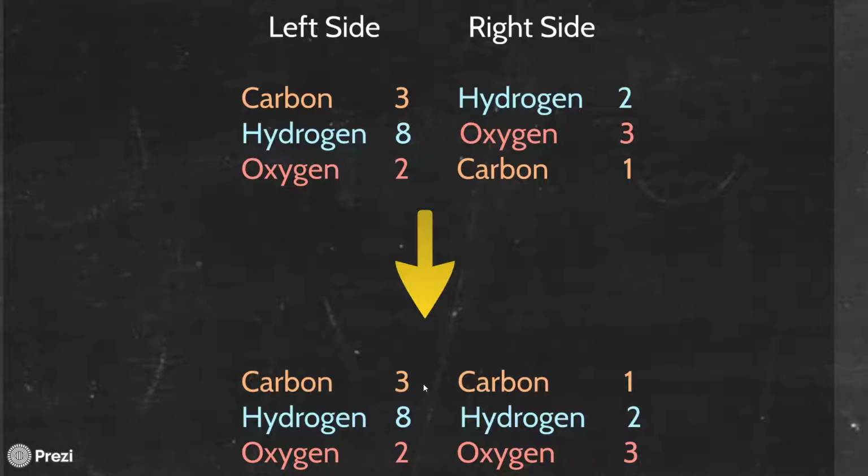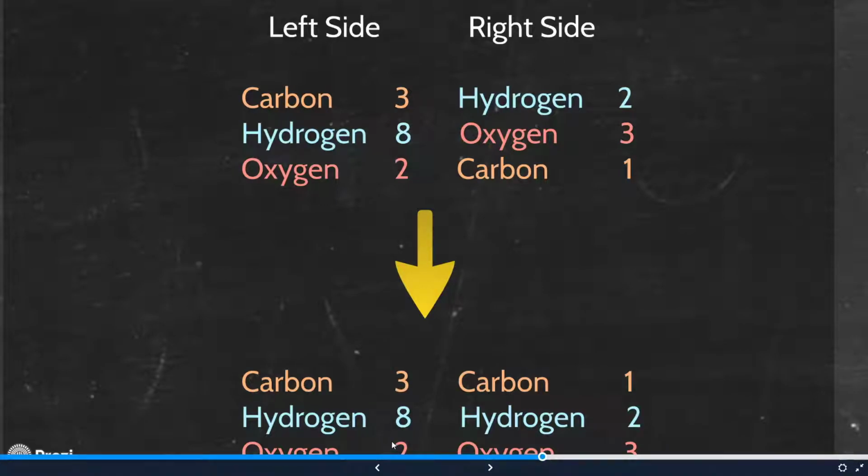Sometimes what you'll see is that if you balance them last, it'll just flow smoothly, whereas if you balance them first, you'll have to go back and forth constantly. So just keep that in mind. So we organize them, we put carbon, and then the last 2 we have hydrogen and oxygen.